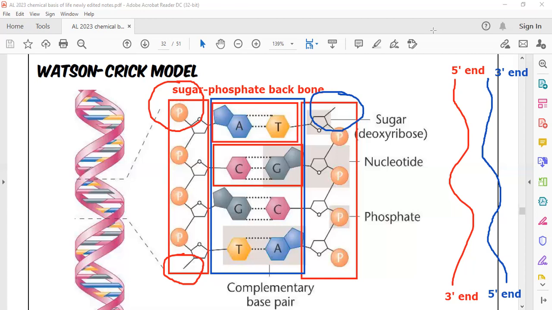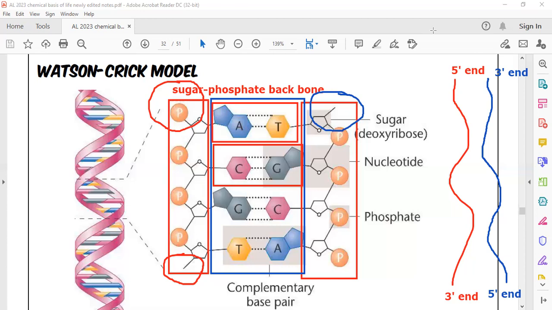Thymine. Similarly, always guanine's pair is whom? Cytosine.